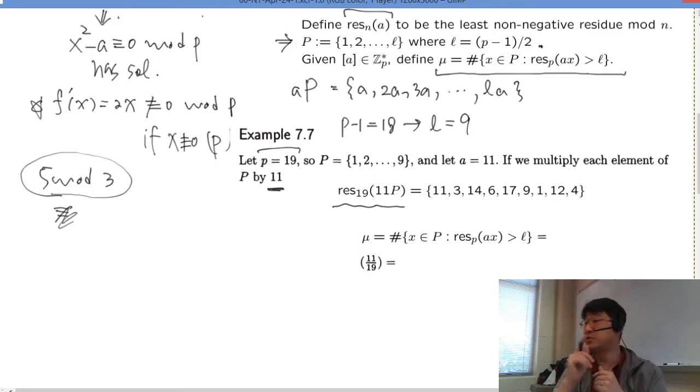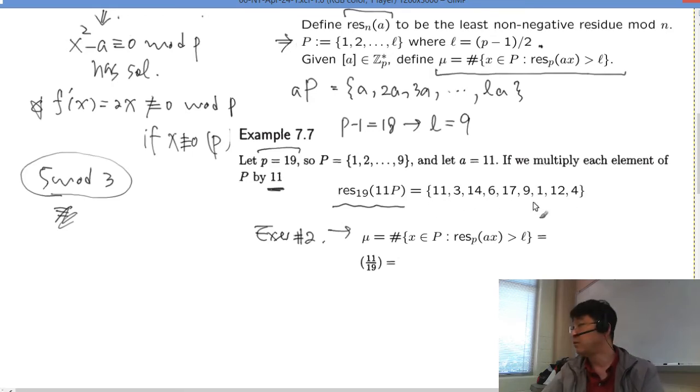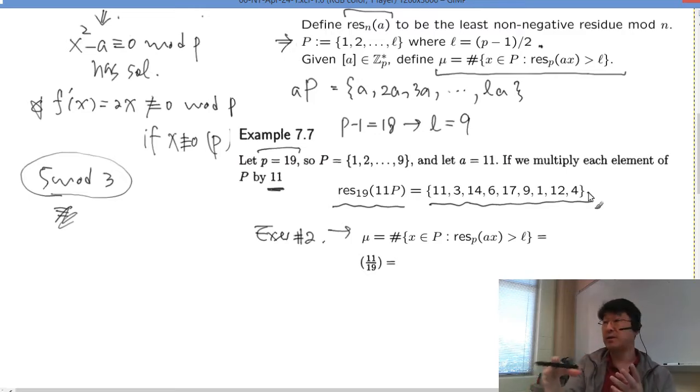And your exercise number 2, right, is computing mu. That's your exercise. What is mu? This is 11 times p reduced mod p, right? Mod 19. How many of them inside there are outside the half residue system?